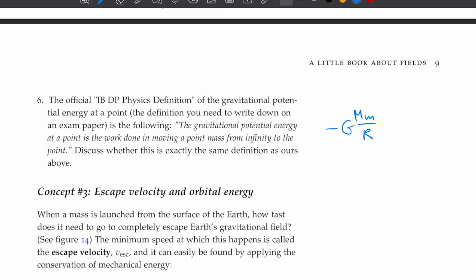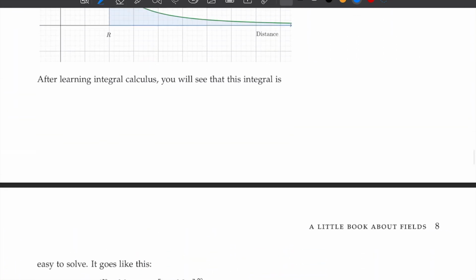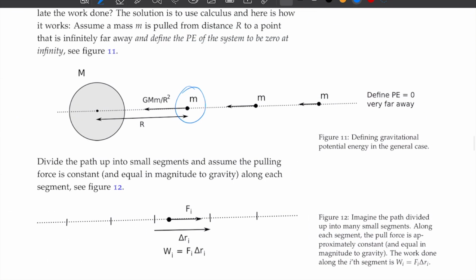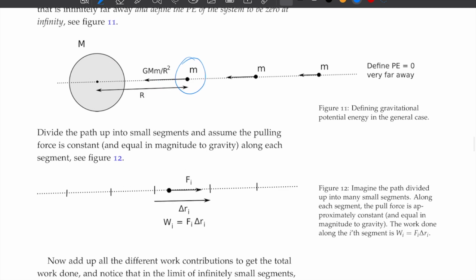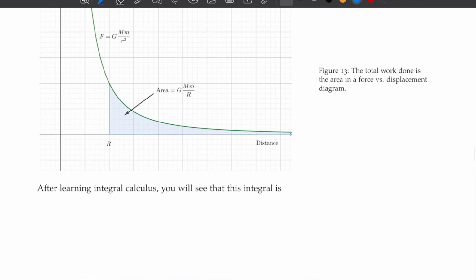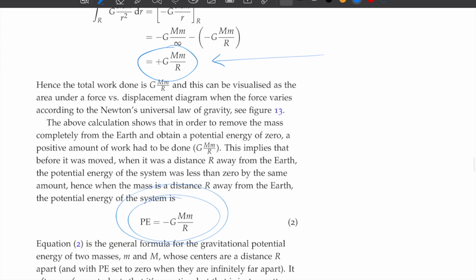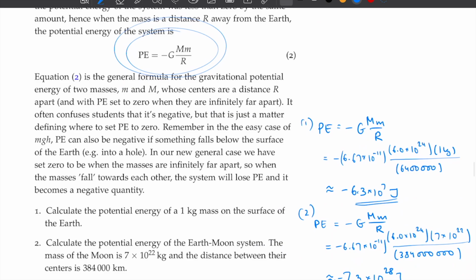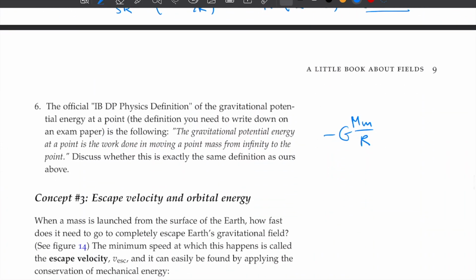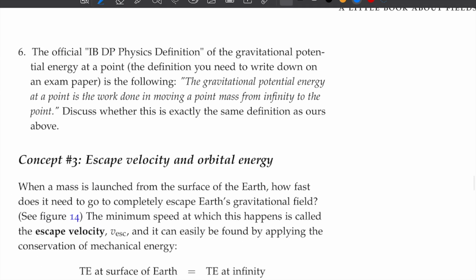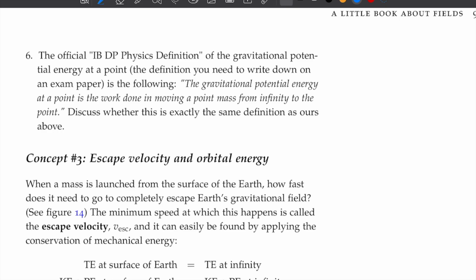So the definition is correct, and it makes sense, but in understanding all this to begin with, I like calculating the work done in pulling the mass outwards, because then we just get a positive amount of work, and then I say, if it's 0 at infinity, we need to take away this work to get the potential energy at the point. Just to let you know that the IB definition is the same as what we did above, and you should really write this down on your exam paper.